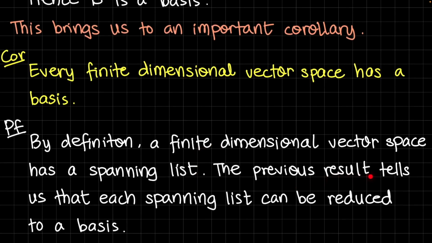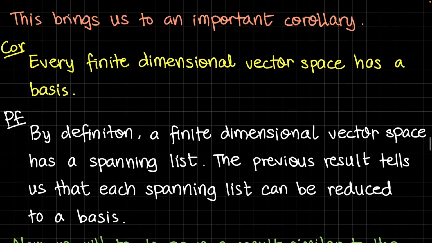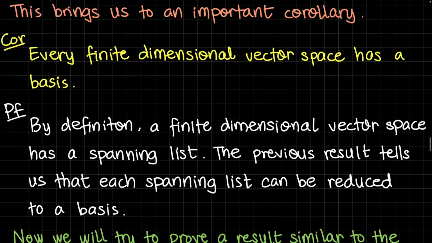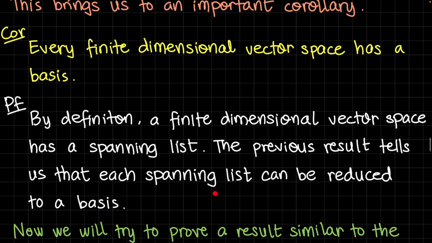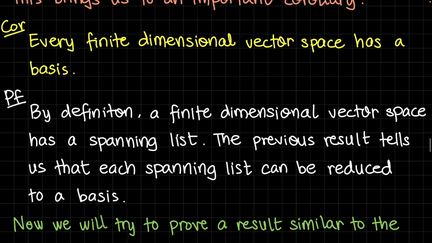The previous result above this corollary tells us that each spanning list can be reduced to a basis. So we know we always have a spanning list, because we have a finite dimensional vector space, and we just use the process of changing each spanning list into a basis by eliminating the linearly dependent vectors. And that's it. That's how you prove this.